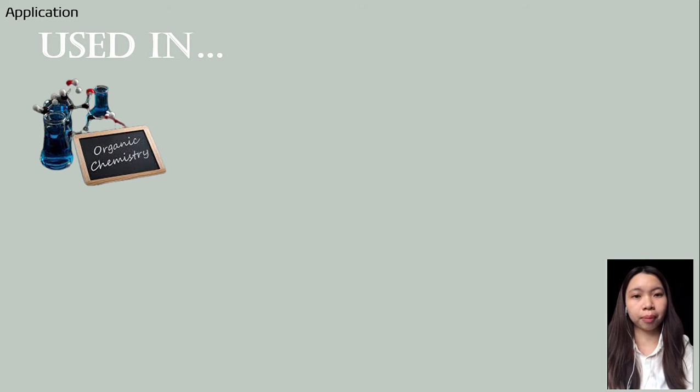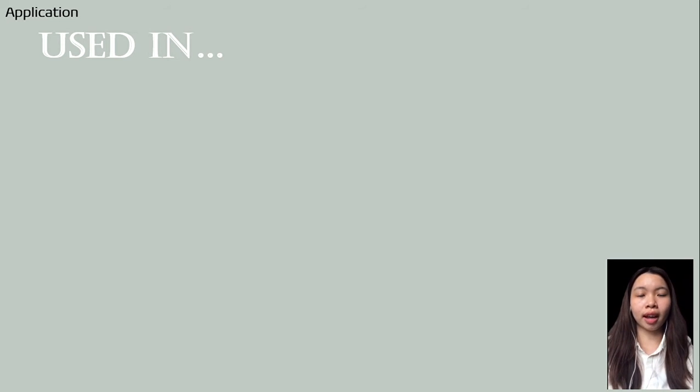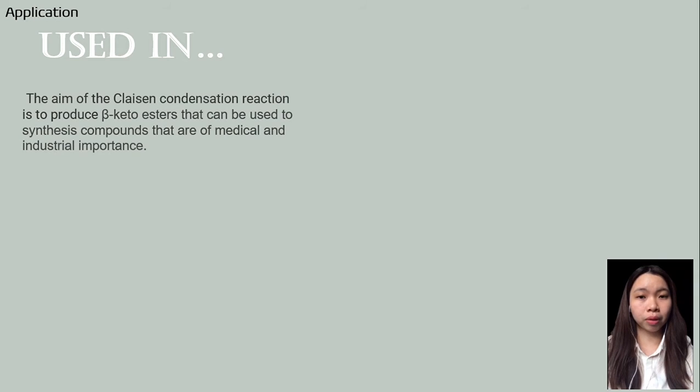In application, Claisen reactions are known to be very useful synthetic intermediates in the field of organic chemistry. Beta-keto esters can be used to synthesize compounds that are of medical and industrial importance.